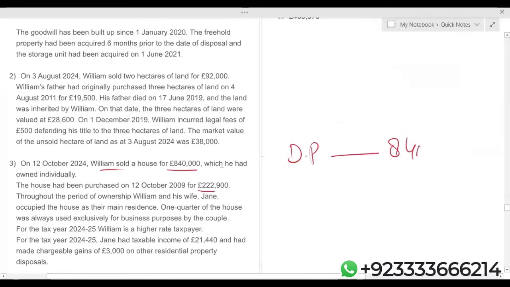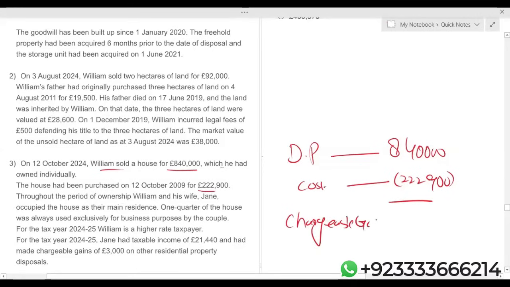Disposal proceeds are 8 lakh 40,000. Cost is this. Here comes the chargeable gain: 840,000 minus 222,900, giving 6 lakh 17,100.